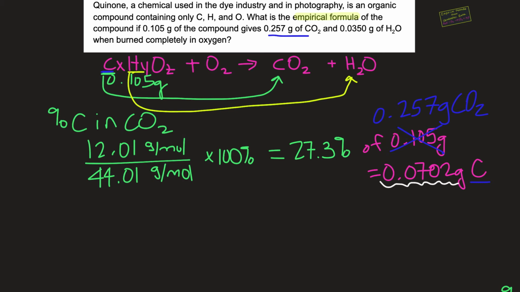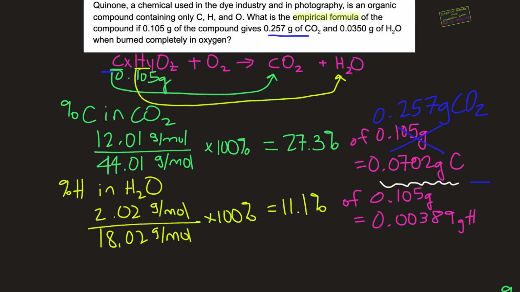We're going to do a similar thing for the percent hydrogen in water. I did a similar thing here, finding the percent hydrogen in water, and then taking that and multiplying it by the mass of the compound to get the mass that is just hydrogen. And I did it again.